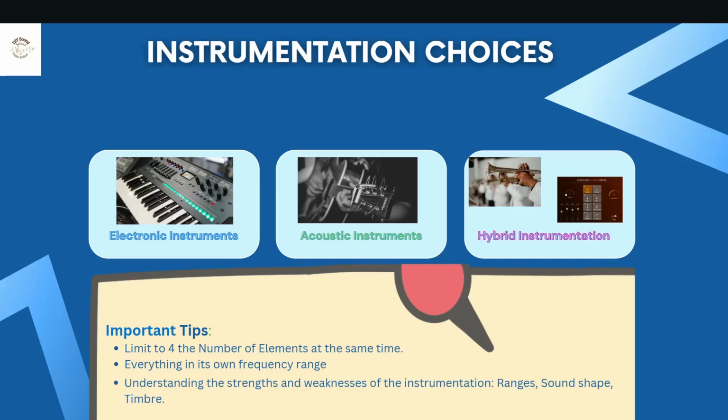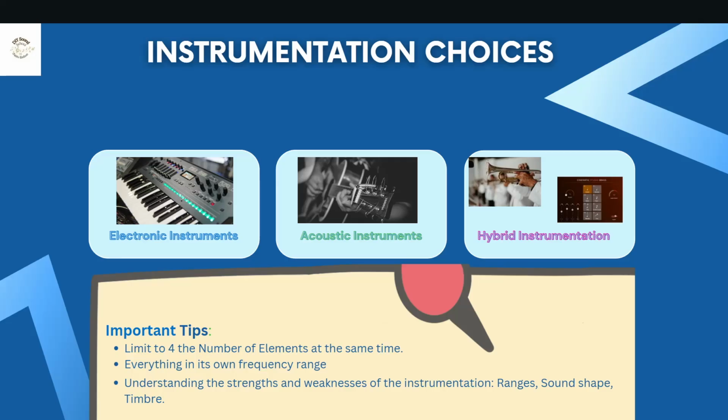And within the hybrid instrumentation, there's a possibility that I use a lot, what I call augmentation of instrumentation or sample-based instrumentation, which is combining real instruments with sample libraries to create an augmentation, to create a different color, to create a different effect.